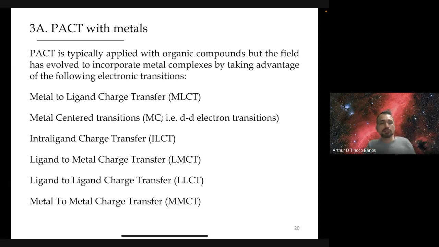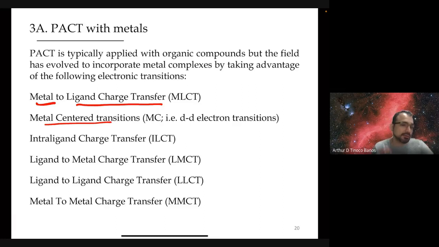All right, so talking about this particular technology with metals. PACT is typically applied with organic compounds, but the field has evolved to incorporate metal complexes by taking advantage of the following electronic transitions. Here's a series of electronic transitions, several of which we're familiar with. For instance, metal to ligand charge transfer, and metal center transition.